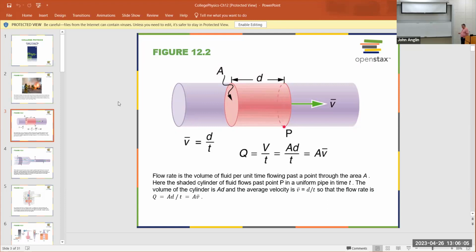We think about velocity as a rate, right? Velocity as a rate, it's a distance per time. Acceleration is a rate. It's a velocity per time. Well, with fluid dynamics, we talk about what's called flow rate. This is going to be a volume over time.